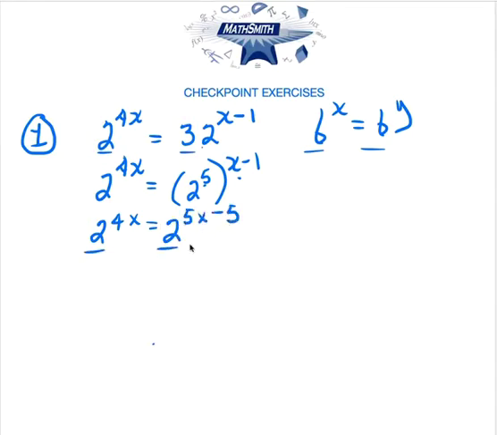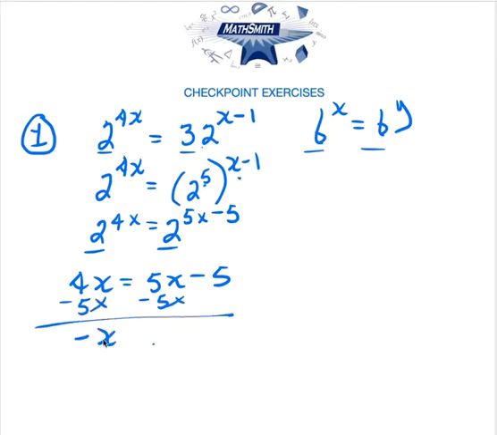Okay, now that these are both the same base, I can set their exponents equal to each other and use algebra and just solve. So if I do minus 5x on both sides, I end up with negative x equals negative 5. So in other words, x equals 5. And of course, ideally you would go back and double check it by putting 5 in here and making sure that it works out.